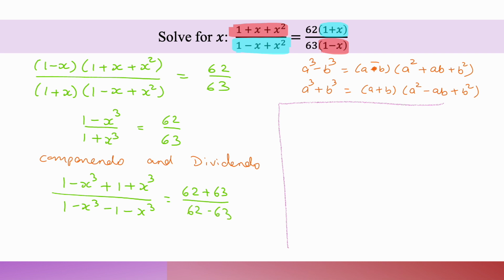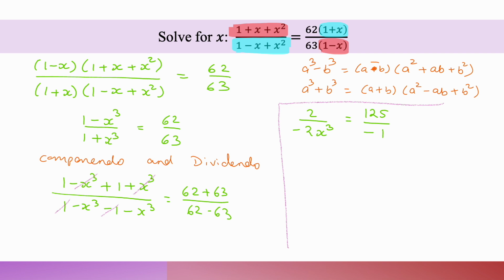On simplifying, in the numerator minus x cube plus x cube cancelled, and in the denominator plus 1 minus 1 cancelled. So now we have 2 upon negative 2x cube is equal to 125 upon negative 1.